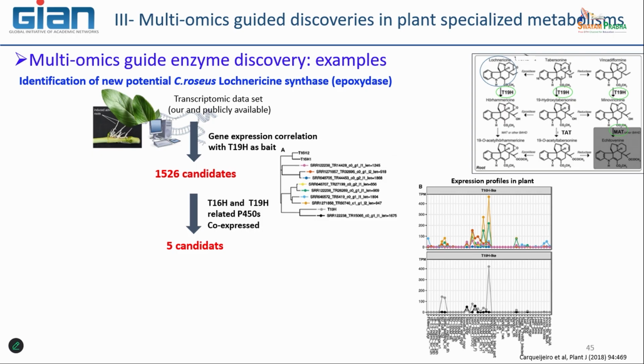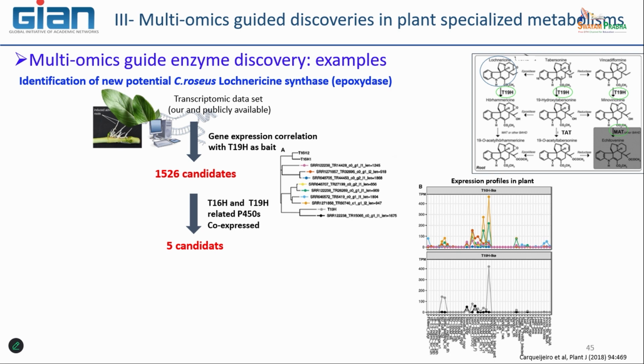We have observed that in several other Apocynaceae, this hydroxylase, which is not present at this moment in Catharanthus roots, could also be interesting to study as a co-expressed protein. And in this way, we obtain a smaller number of candidates.